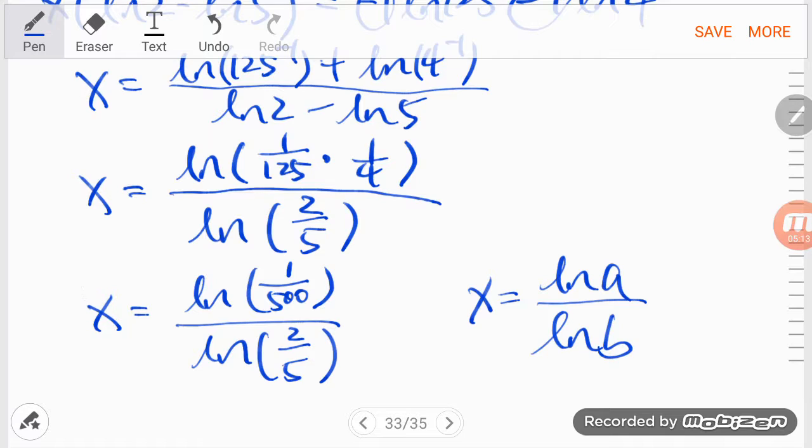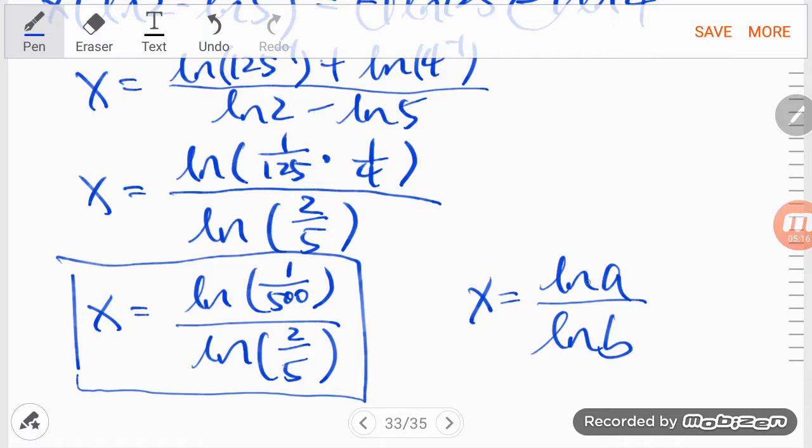Please keep in mind that they're not asking us to find the value of A or the value of B. They just want us to express our x in this form, okay? So technically, we don't have to find the value of A or B. We just have to manipulate the expression and solve it.